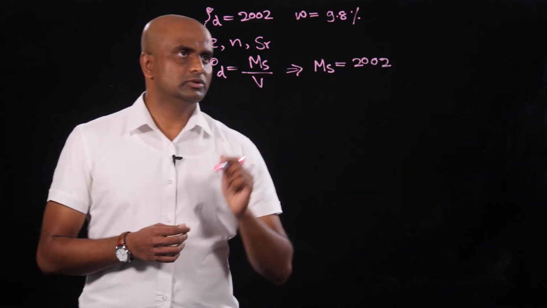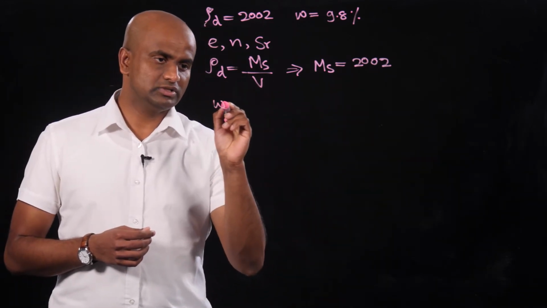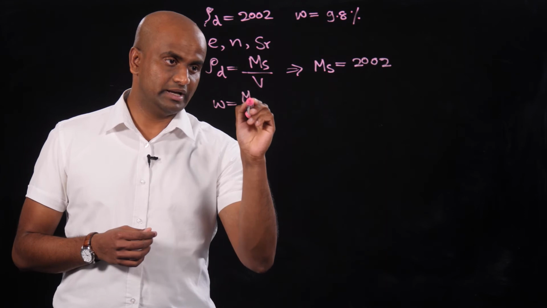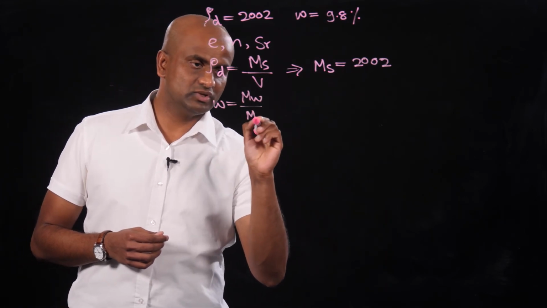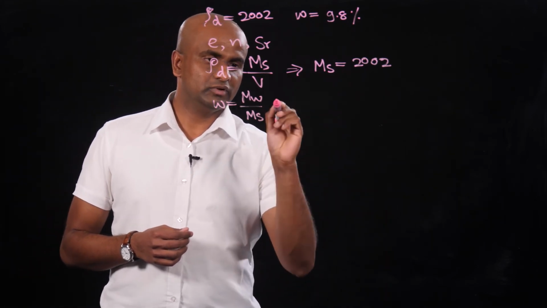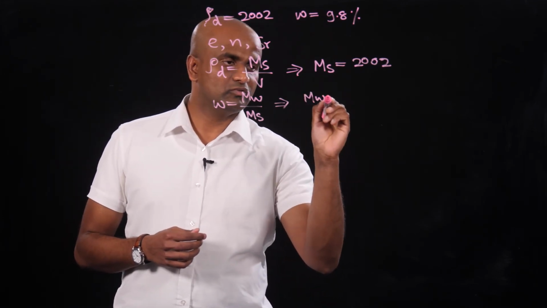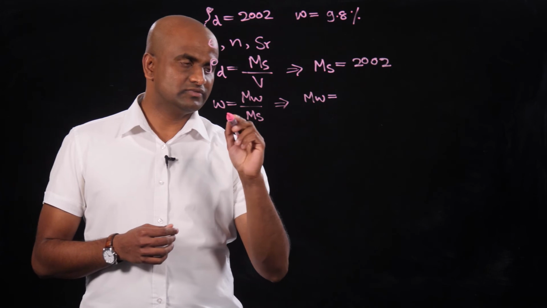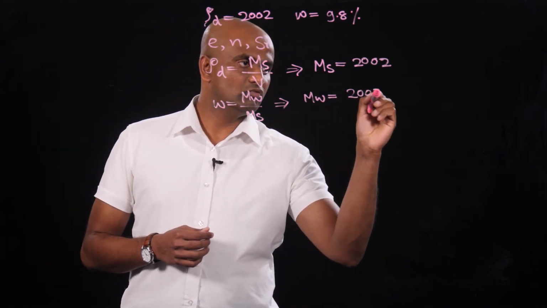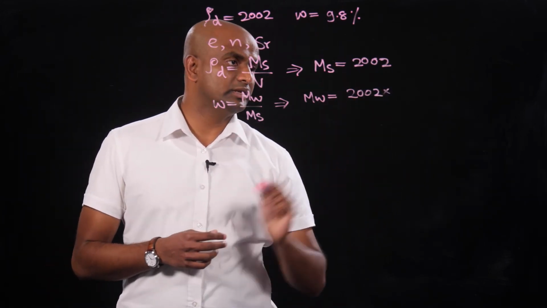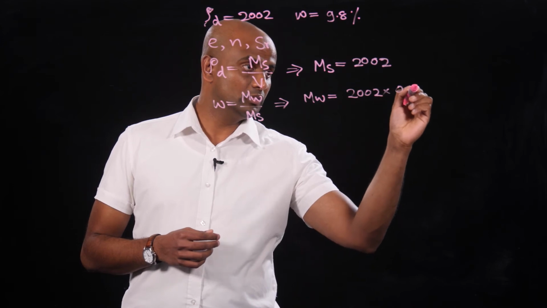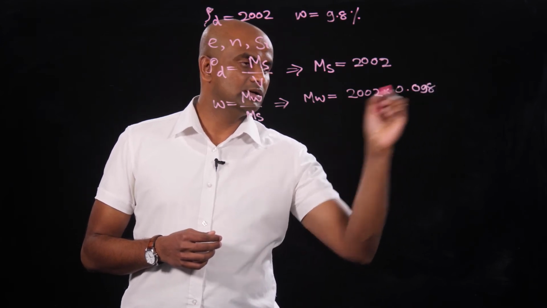And then we know that our water content, the moisture content, is defined as mass of water divided by mass of solid, and from that we can determine the mass of water, which will be mass of solid times water content. Water content is 9.8%, which will be 0.098.